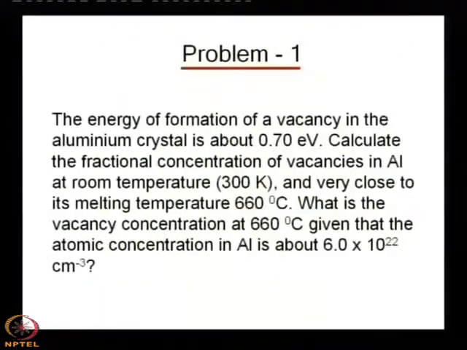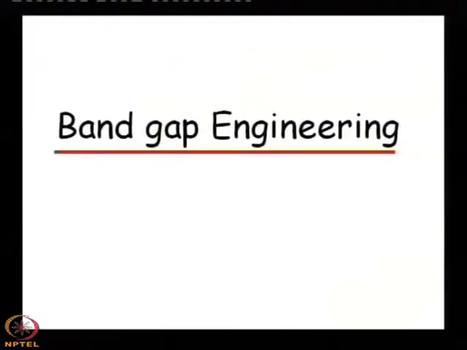Okay, now we come to our next topic, band gap engineering. In some applications we have seen that a particular band gap value is required. We have talked about fiber optic communication.